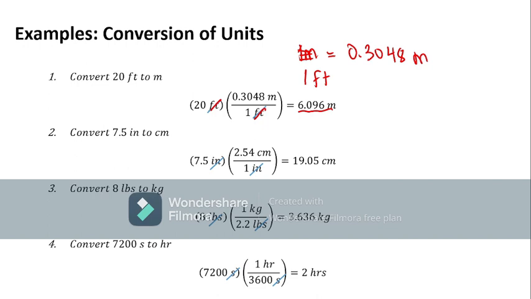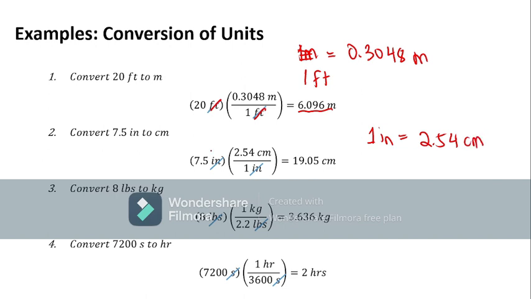Now, convert 7.5 inches to centimeters. So we know that the conversion factor from inch to centimeter is that 1 inch is equivalent to 2.54 centimeters.